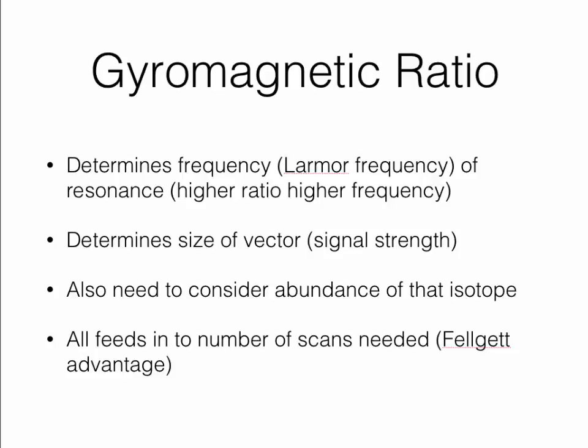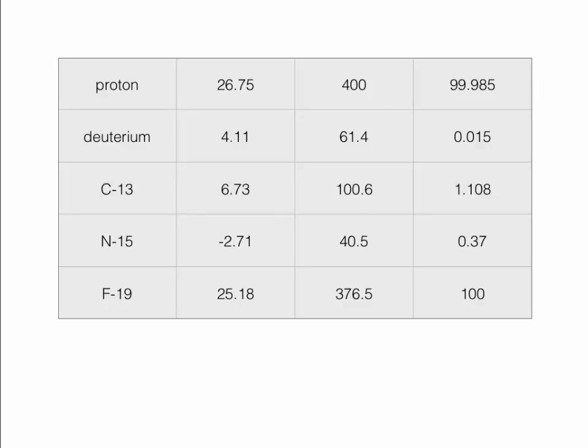Here's an example. If we look at proton, the Larmor frequency of a proton in a 400 megahertz spectrometer is 400 megahertz. It is nearly 100% abundance. There's only a little bit of deuterium in there, and the gyromagnetic ratio was 26.75. If we switch to deuterium, we see that deuterium is a much lower gyromagnetic ratio.